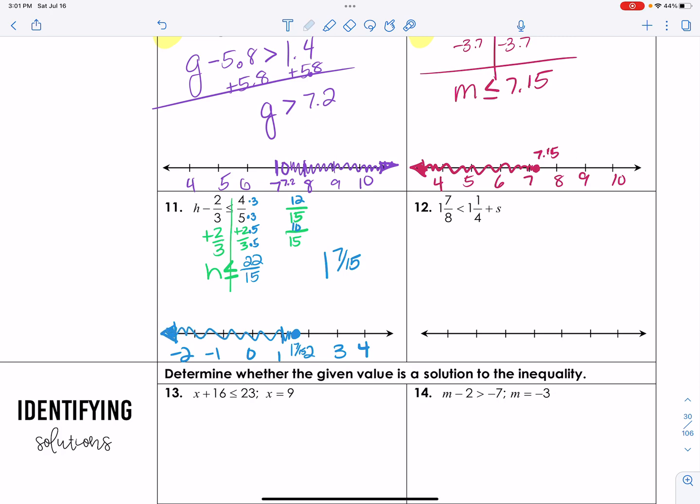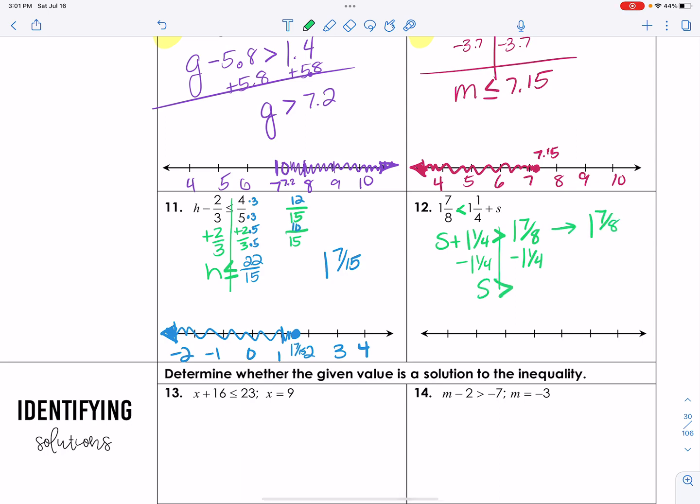Okay. All right. So on the next one, I'm going to reorder it. So it's going the same direction, which means that's going this way. So now it's got to go this way because I'm changing the side. So this is a -1 1/4. So I'd have x is greater than, well, I've got to write these.